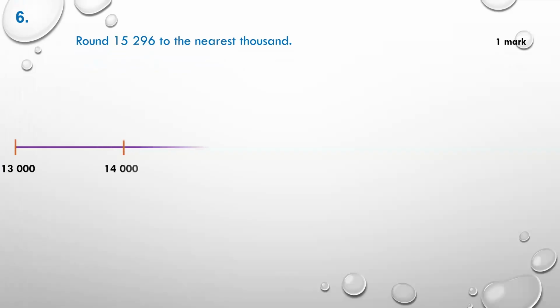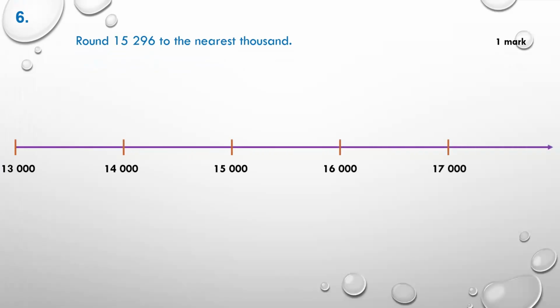All right, let's go on. In number 6, round 15296 to the nearest thousands. So we know we have 13,000, 14,000, 15,000, 16,000, and so forth.